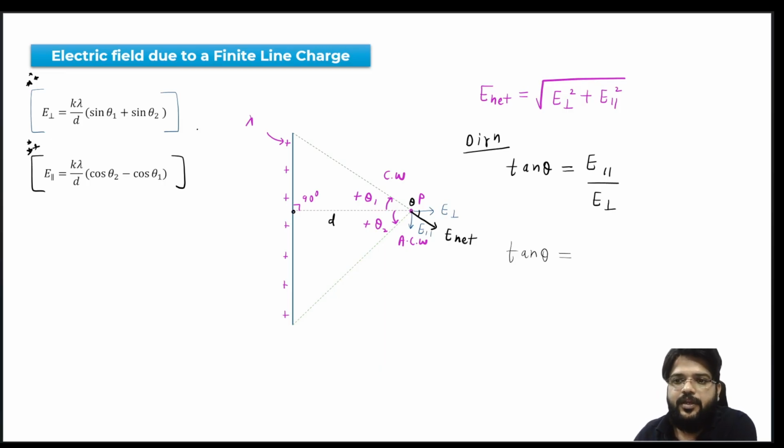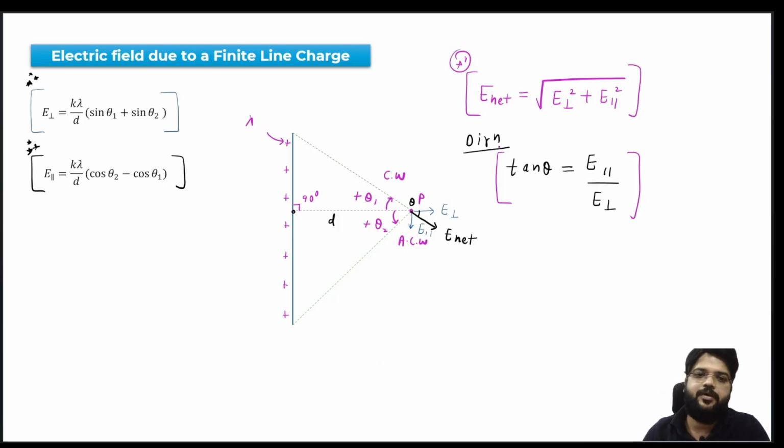We put in the E parallel and E perpendicular values and simplify, then we will get the direction. So for the direction we will use this formula, and from the earlier formula we will get the net electric field after simplification. I hope both things are clear to everyone.